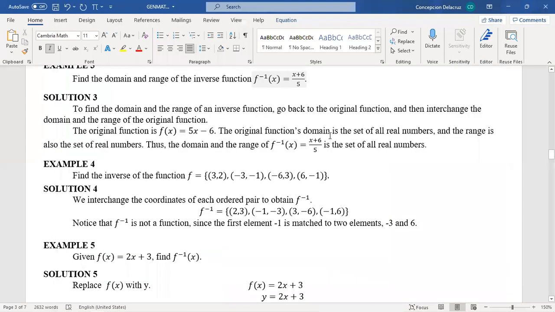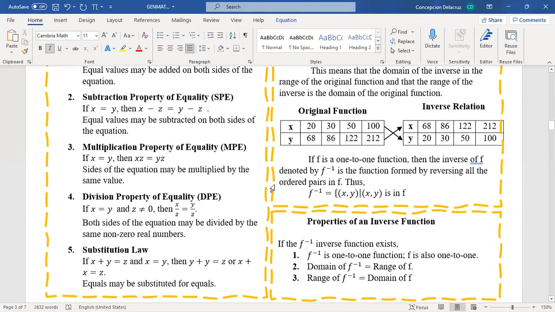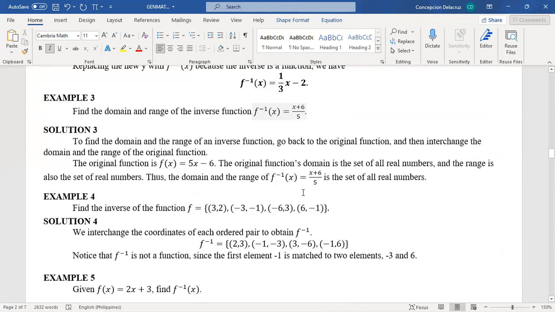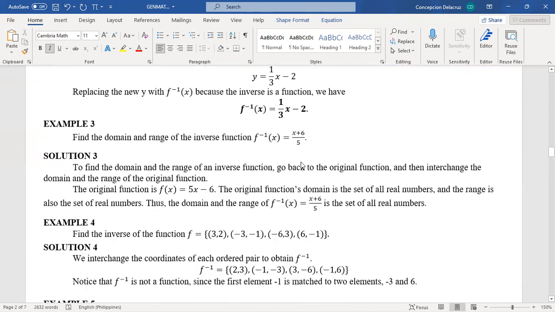Unlike the earlier example, where it says x should not be equal to 0. We need an example, say 5x minus 5.